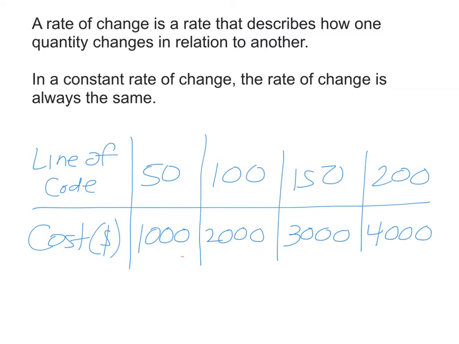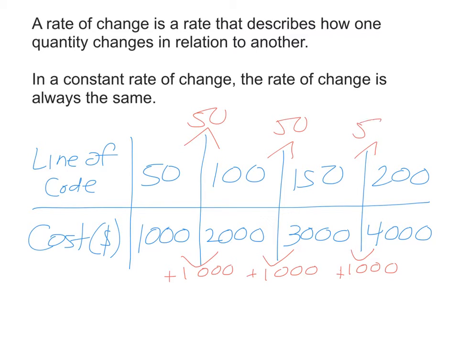Now, if we look at how these change, how does cost change? Well, the cost goes up $1,000 every time I go up in the chart. So notice that every time, I'm going up by 1,000. It's $1,000 more for every 50 lines of code.